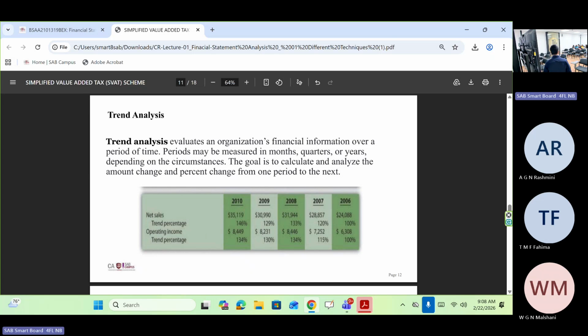The benefit of trend analysis is what? Once you are having your historical numbers, you are analyzing the trend. After analyzing the trend, you can predict the future. You are having a positive trend, you are expecting the same positive relationship in the next 2-3 years, right? So that's the benefit of trend analysis.